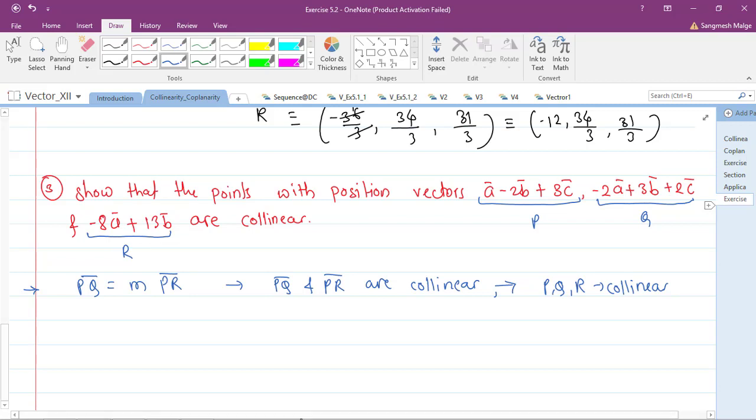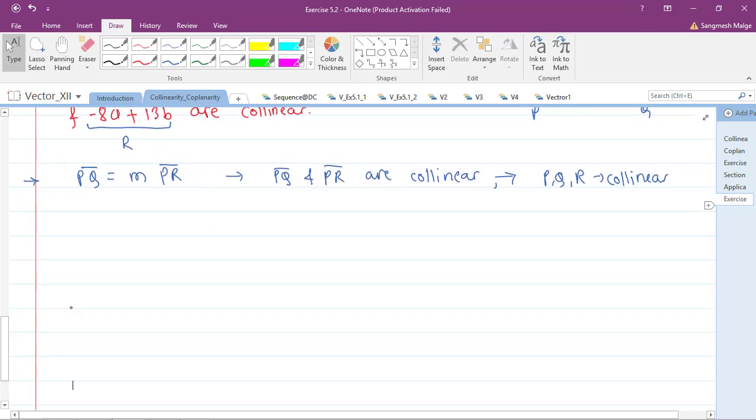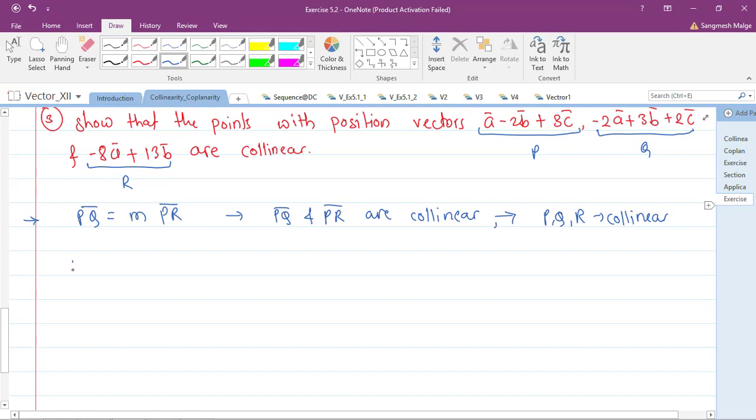Let's find PQ bar and PR bar. PQ bar is equal to Q bar minus P bar. So minus 2a bar minus a bar becomes minus 3a bar, then 3b bar plus 2b bar is 5b bar, then 2c minus 3c becomes minus c bar. This is my PQ bar. Now find PR bar, which is R bar minus P bar.